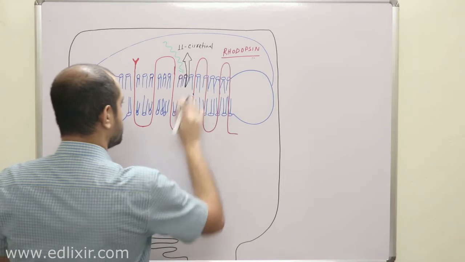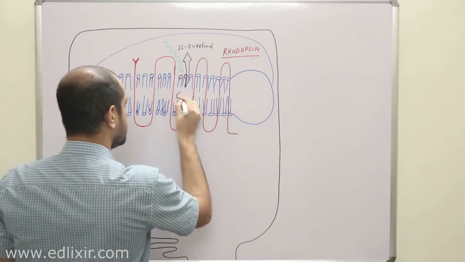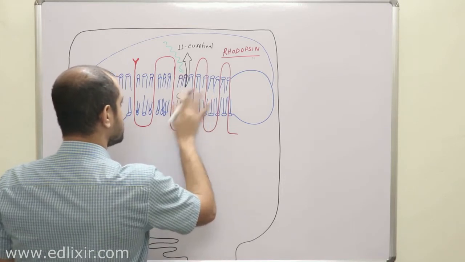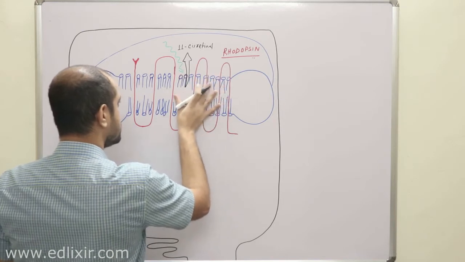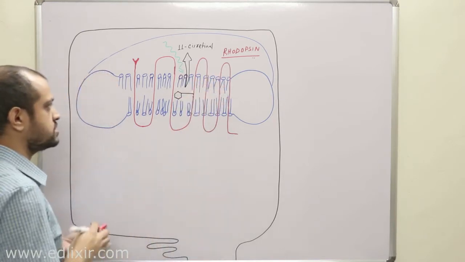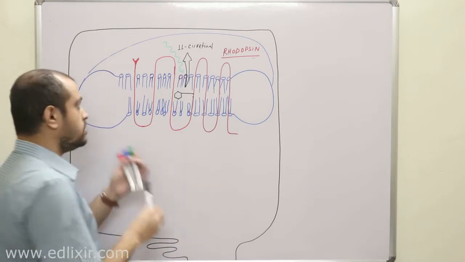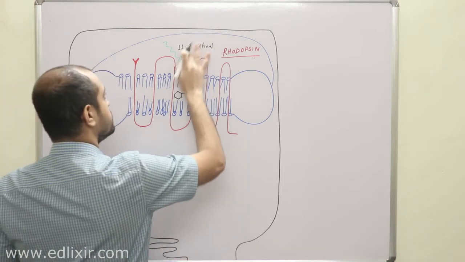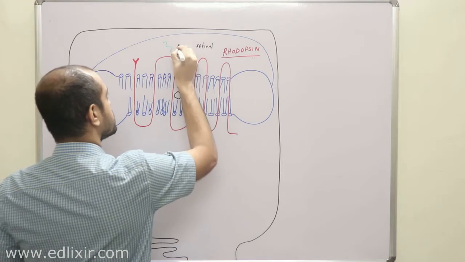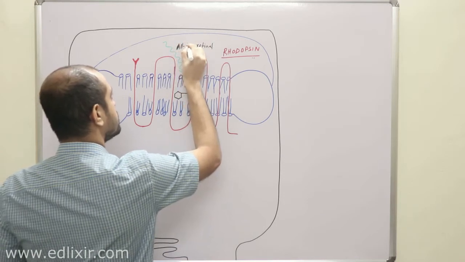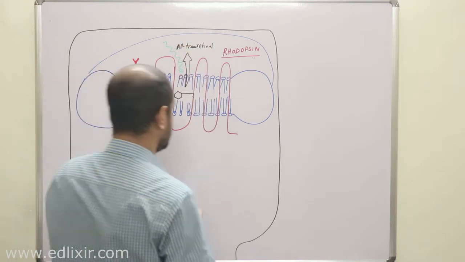right? Is converted into all trans retinal. Clear? It is now straight. Clear? This is now all trans retinal. Okay? All trans retinal. Now listen.